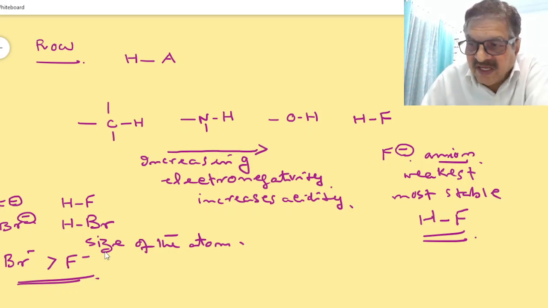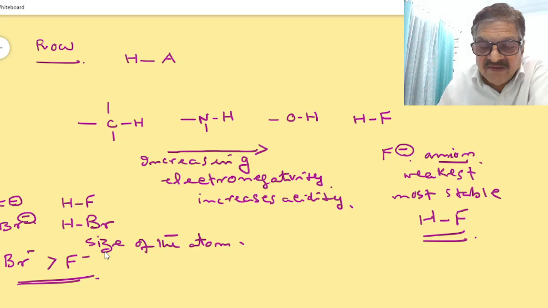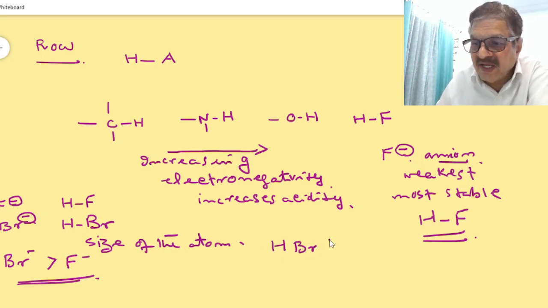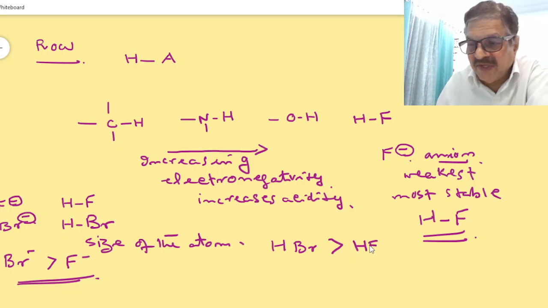The bromide is larger than fluoride, simple thing. Bromide anion is larger than fluoride anion. So bromide is more stable than fluoride. Therefore, acidity wise, HBr is a stronger acid than HF, hydrofluoric acid.